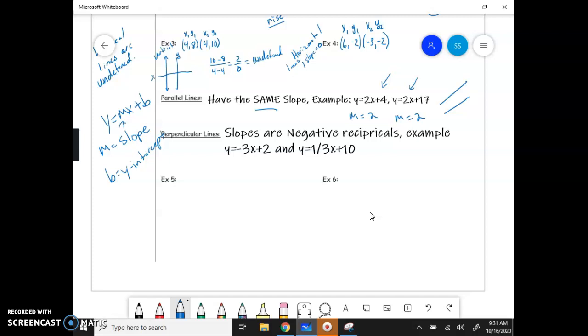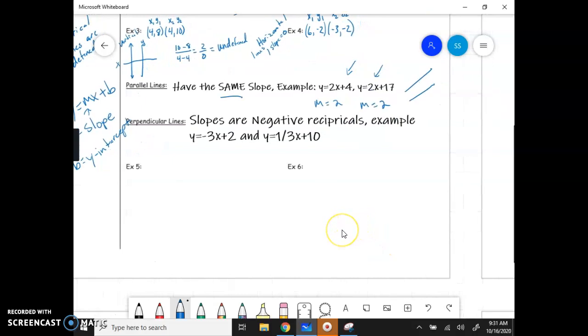Perpendicular is a little bit more tricky. Perpendicular lines create a right angle. So these would be perpendicular lines, and they create a right angle. We notice that this line is going positive, a positive slope, and this is a negative slope.